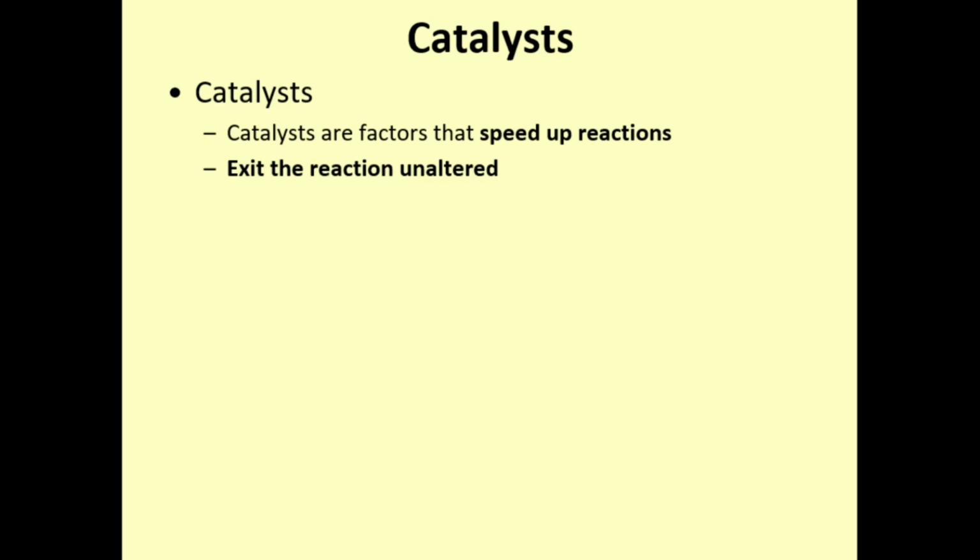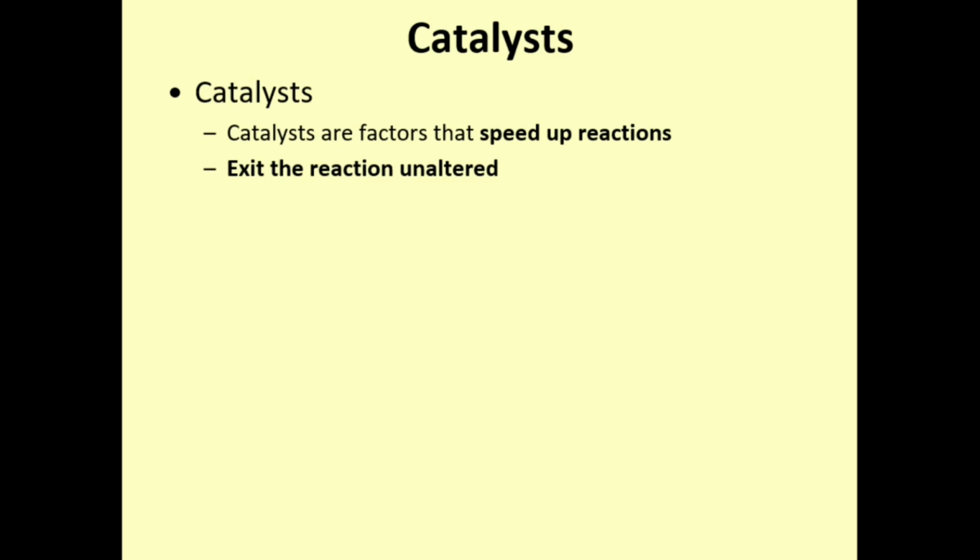And as we'll talk about as we go through, this is not really a viable option, because a lot of the chemical reactions that occur in our bodies occur so quickly that the body would soon shut down. So catalysts will speed up chemical reactions, but they exit the reaction unaltered.